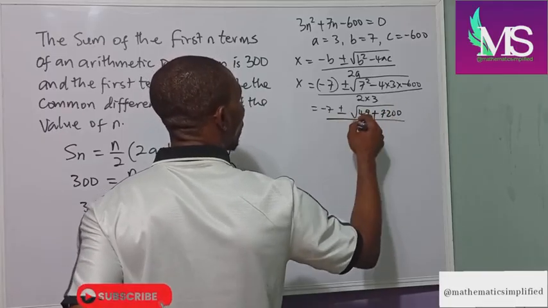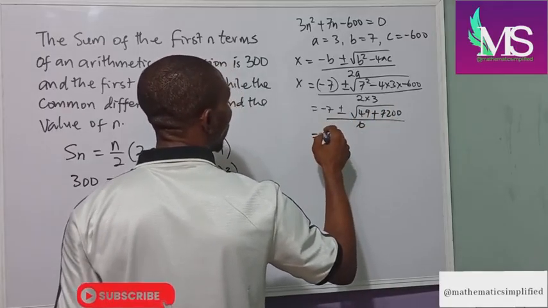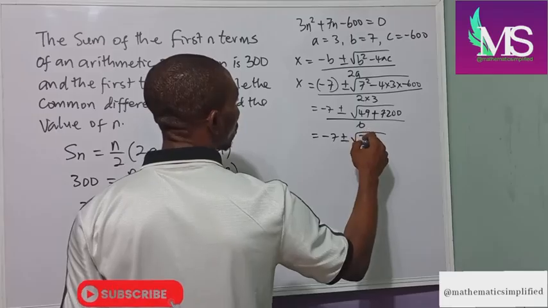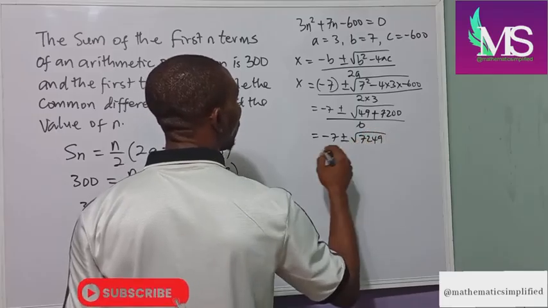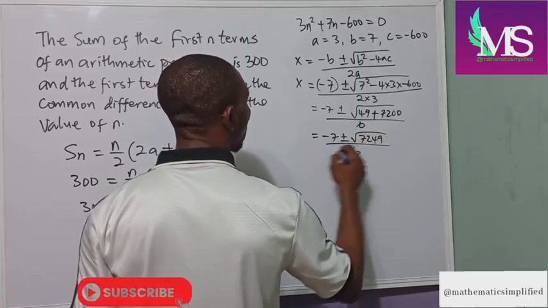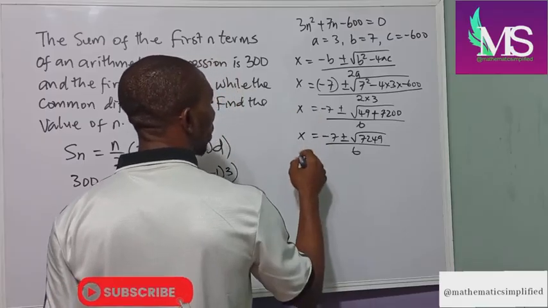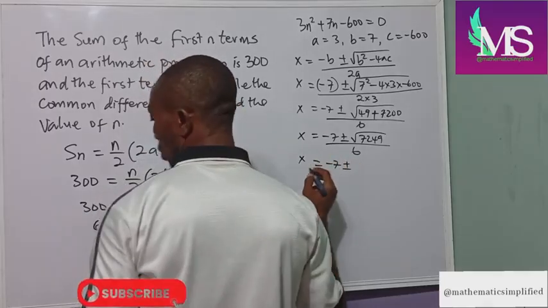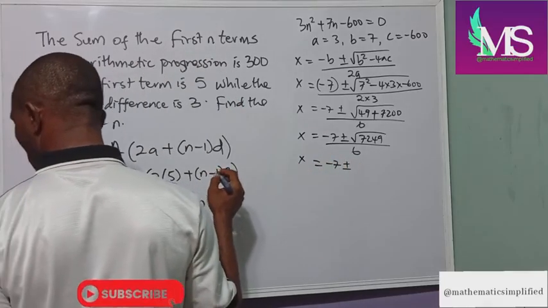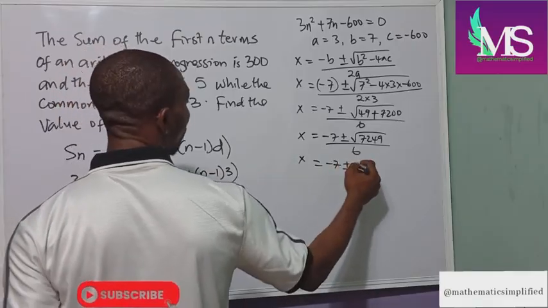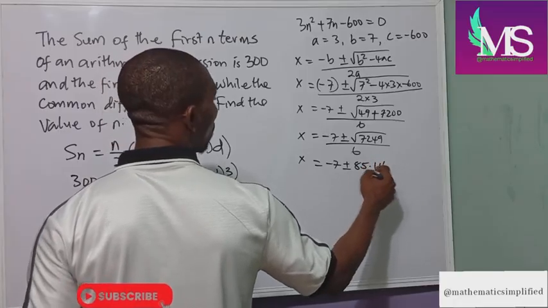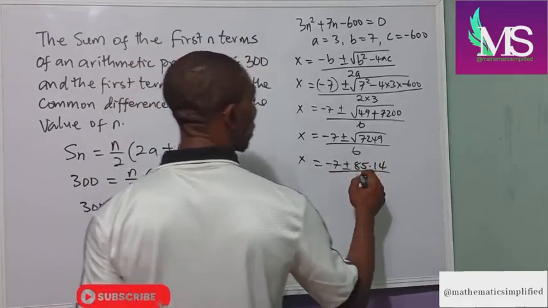So we are having minus 7 plus or minus root 7249, all over 6. Okay, so our x will now become minus 7 plus or minus root 7249, which will give us 85.14 all over 6.